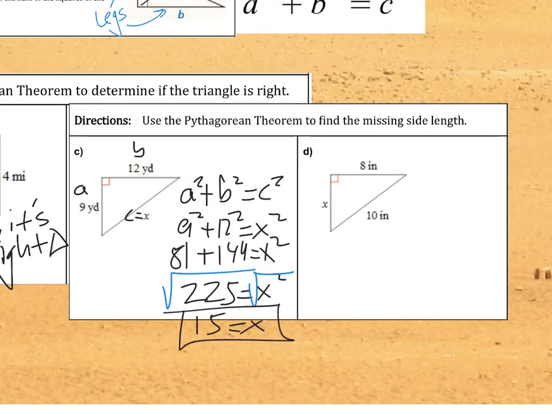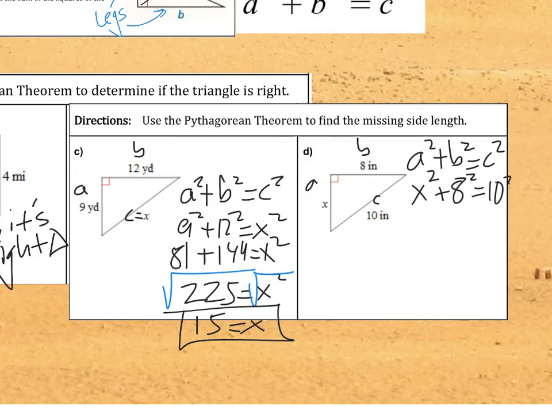All right. So many of you probably have some experience with this, so hopefully this is just a refresher. Well, what if we're missing one of the legs? Well, same story. Make sure you start with the formula, a squared plus b squared equals c squared, and then we could put the x in there. I guess you could have left it as a if you want. And then we can go from here.